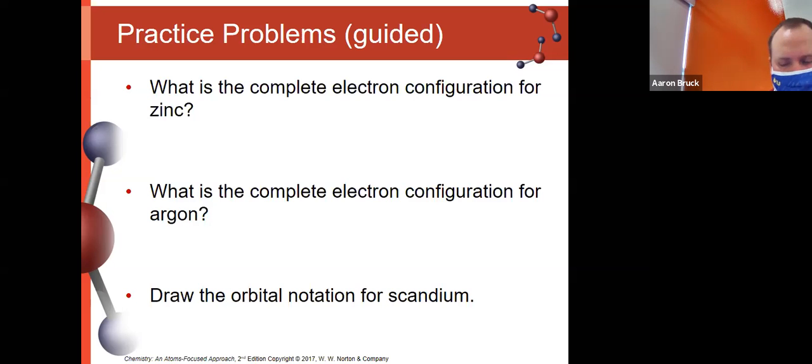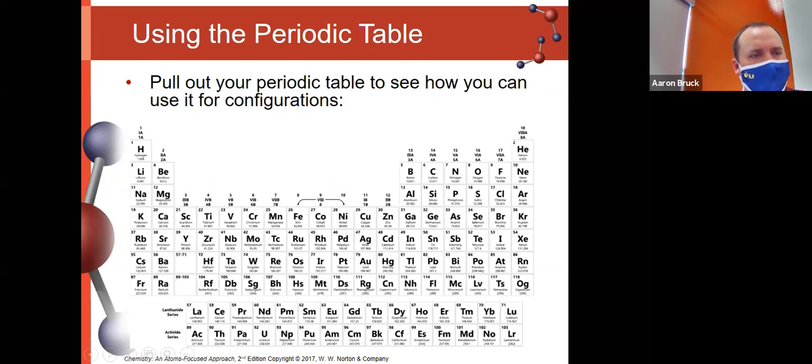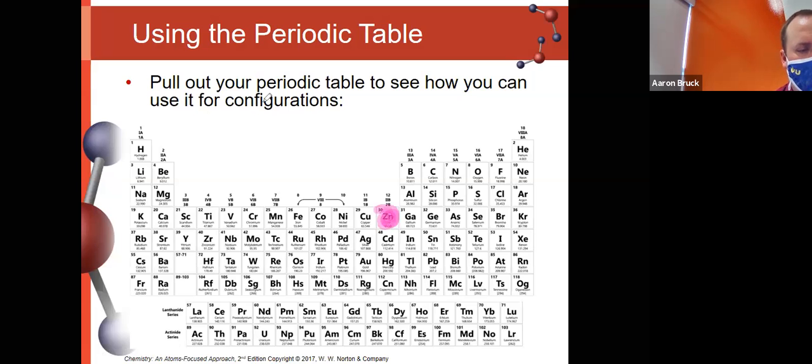So in our first example, we're looking for the electron configuration of zinc. Zinc, element number 30, we can see here is the anchor of the 3d sublevel. Again, if we mark up our periods here, zinc is in period 4 in the d block, so it's in the 3d sublevel.